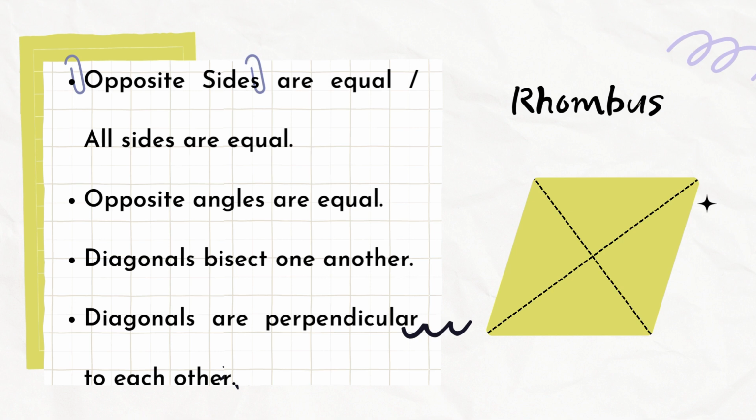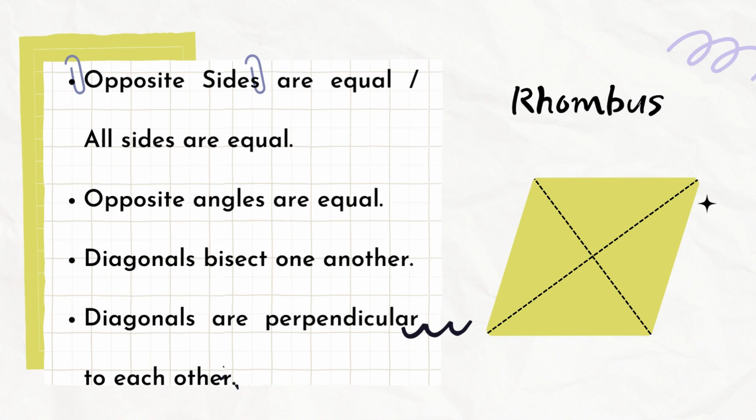Moreover, at the point where these diagonals intersect, they form a 90-degree angle. So we can say that diagonals are perpendicular to each other. In yesterday's video, I explained what we call a perpendicular bisector, and the same thing is applicable here in the rhombus. So what we learned is that opposite sides are equal, opposite angles are equal, diagonals bisect each other, plus diagonals are perpendicular to each other.